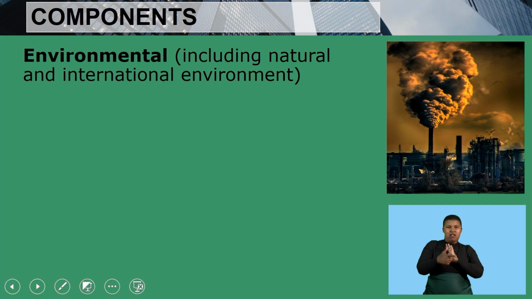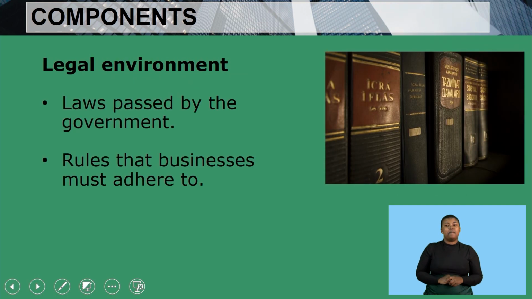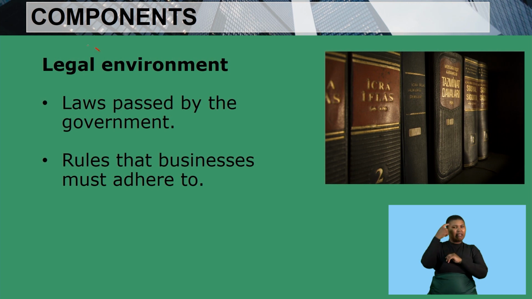Our fifth component then is our legal environment. So when we think about legal, we think about laws and attorneys and stuff like that. So remember, legal environment refers to laws that are passed by the government. So this can also be existing laws that have been amended or changed by the government that can have an influence on a business.